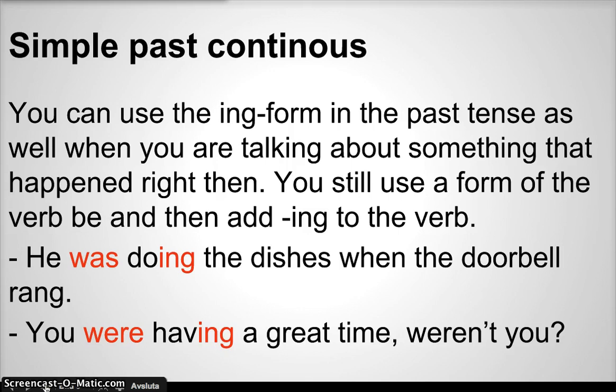And the difference here, compared to the simple present continuous, is that the form of the verb be is in the past tense, so it will automatically be was or were, depending on who is doing something. So, for instance, we can say that he was doing the dishes when the doorbell rang, and you were having a great time, weren't you?